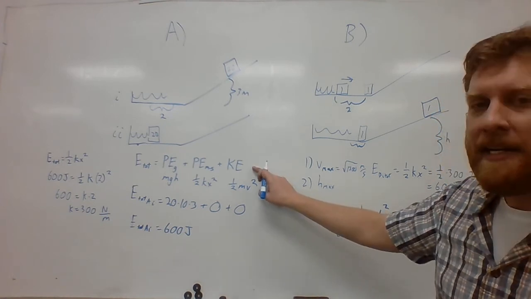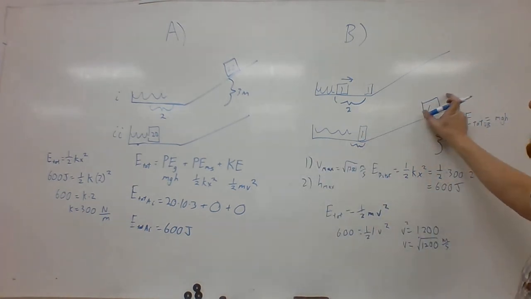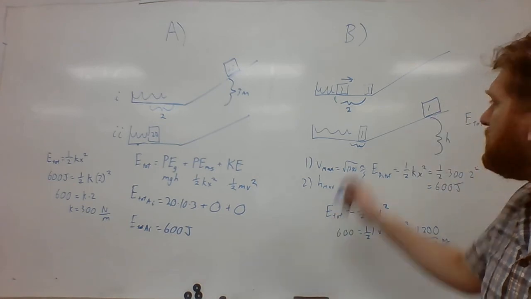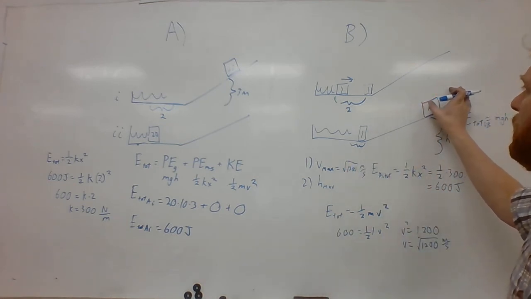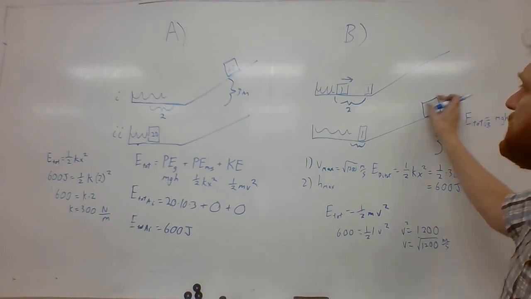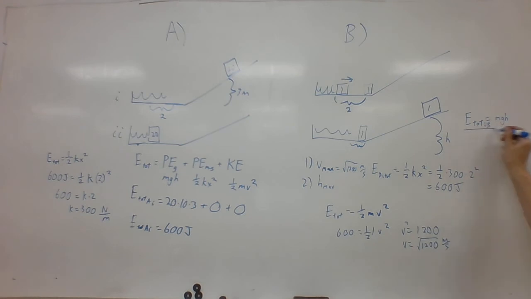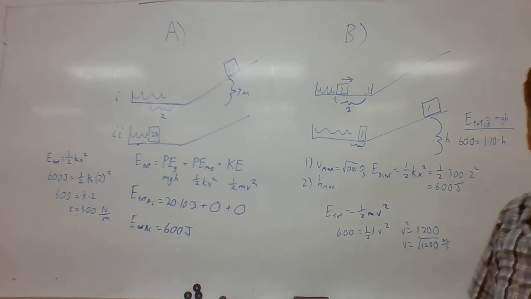Is there any kinetic energy? When it reaches the maximum height, that is when the velocity reaches zero. That is, the velocity is pointing up here, but it gets slower and slower, velocity is zero, and then it starts to go down. So at the maximum height, velocity is zero, and our entire equation looks like the total energy is gravitational potential energy. We can plug in our numbers for this. 600 equals 1 times 10 times height is what we're solving for.